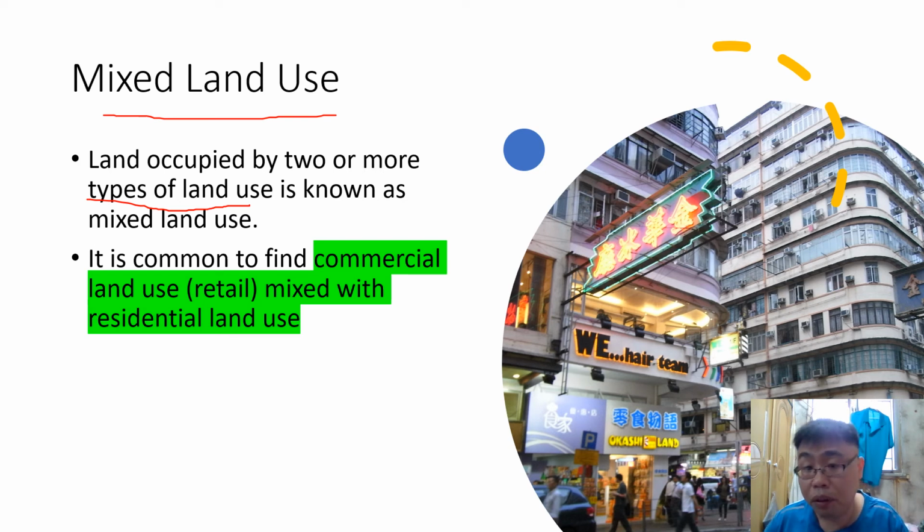And this photo was probably taken somewhere in Sham Shui Po. And in Hong Kong, the mixed land use usually mixes up commercial land use and residential land use. And as you can see, the residents live above the shops.